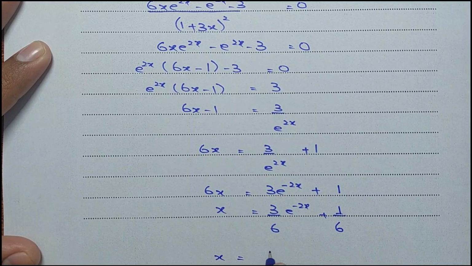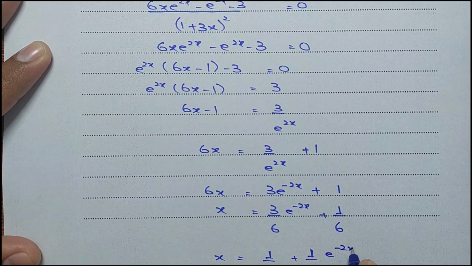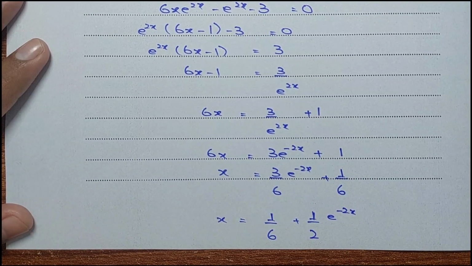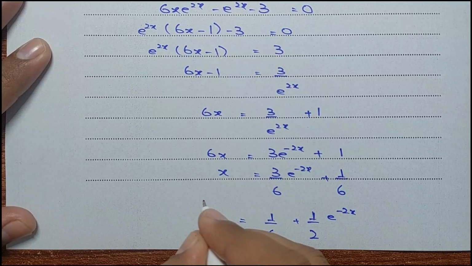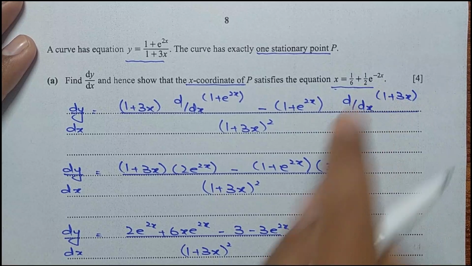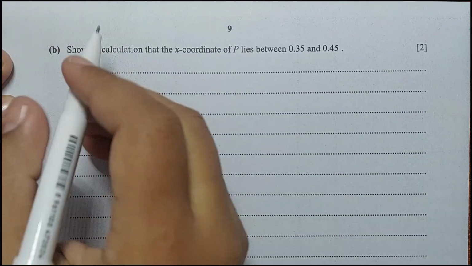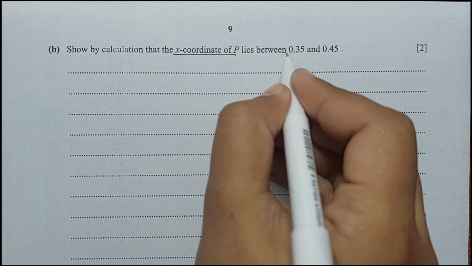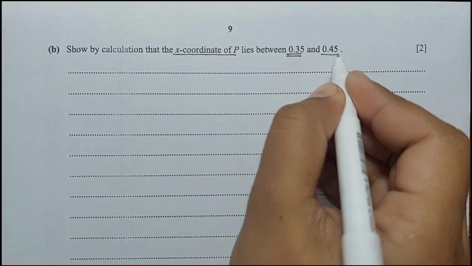So here x would be equal to 1 over 6 as it is, and 3 times 1 is 3, 3 times 2 is 6 e to the power minus 2x. Now the x coordinate of stationary point P satisfies this equation. We needed to show 1 over 6 plus 1 over 2 e to the power minus 2x. It is proved.